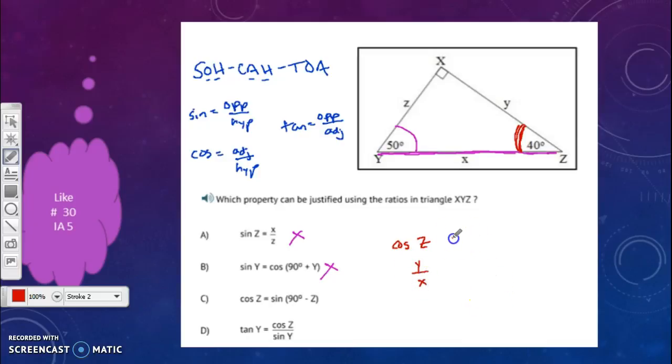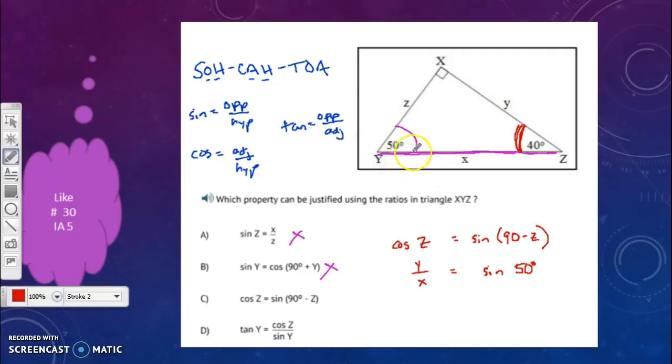Okay? All right, now it says that that is equal to the sine of 90 minus z. Say what? So 90 minus z is 40 degrees. So that'd be the same as the sine of 50 degrees.